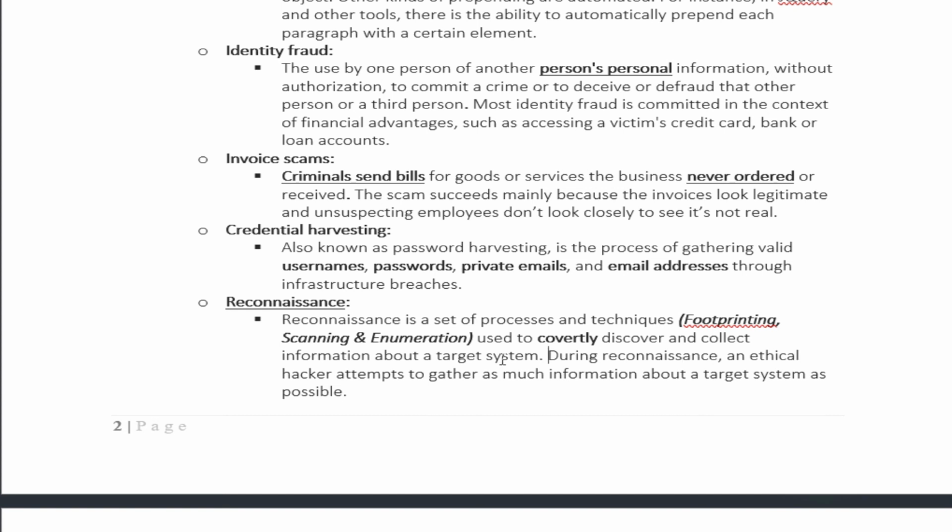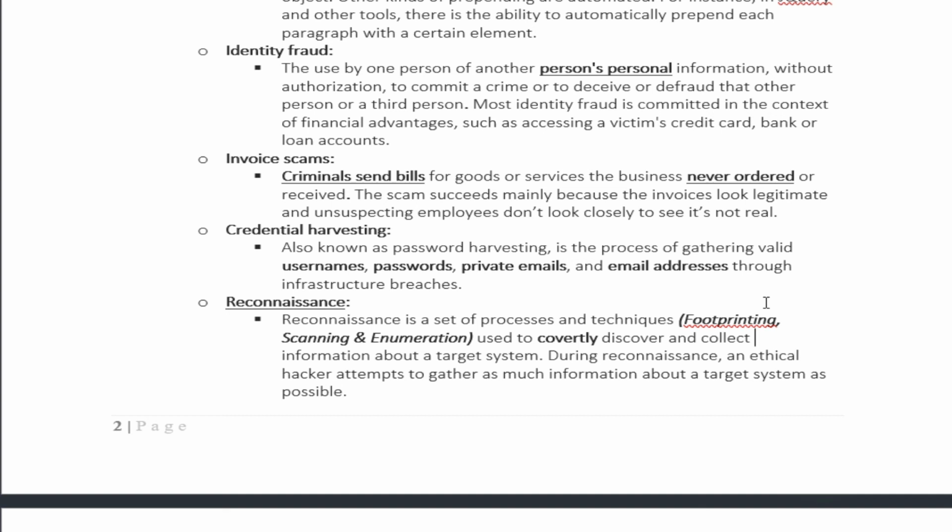During reconnaissance, an ethical hacker attempts to gather information. You need to find out what these people do. How many firewalls do they have? What is their IP address methodology? Are they doing a lot of DHCP or static? What servers are they running? What kind of services do they have out there? Do they have forward-facing sites?